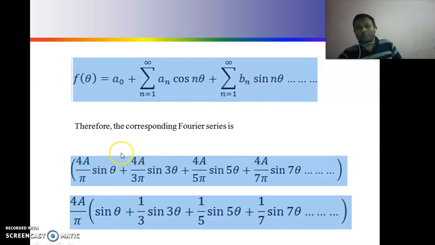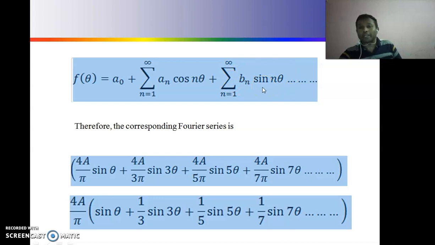And if we put this value of bn here, and further expand this equation for n equal to 1 to infinity, then 4a upon n pi, where n is initially 1, then 3, then 5, then 7, because for even values of n, this bn leads to 0, hence the total term becomes 0 for even values.